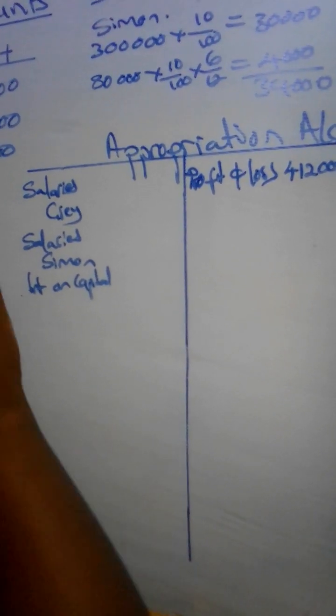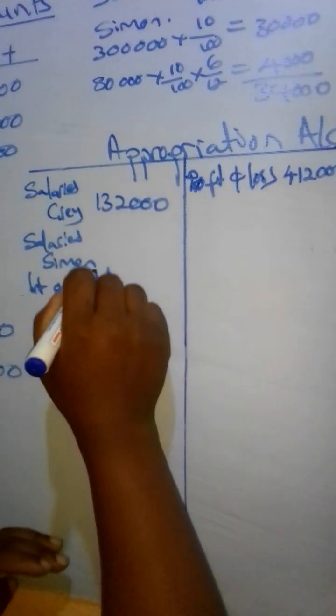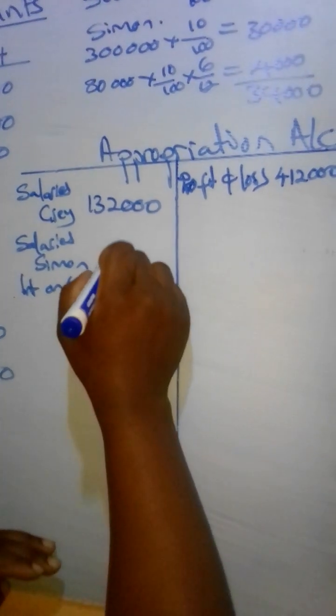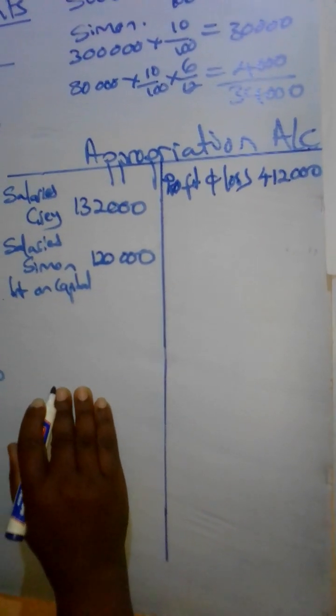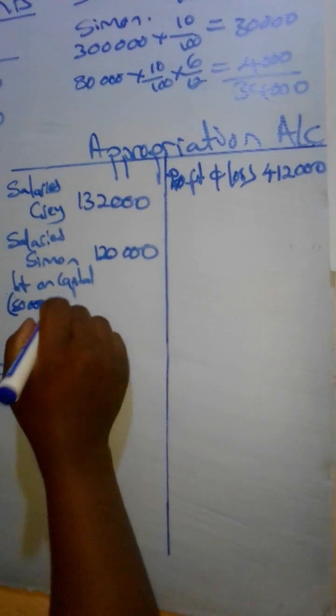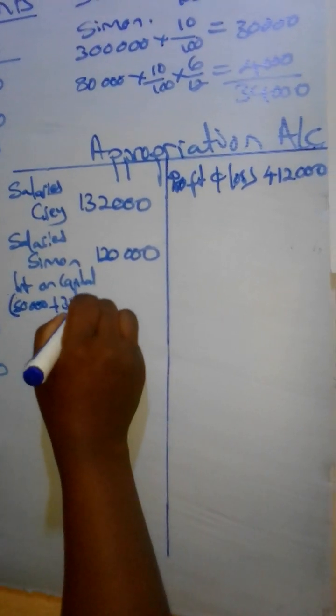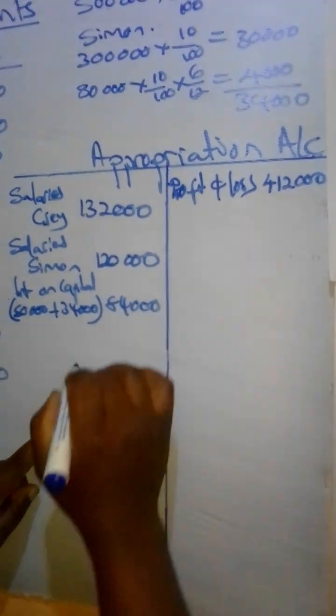So the salaries for Gray, we said it was 132,000. The salaries for Simon, we said it was 120,000. The interest on capital, we have got 50,000 for Gray plus 34,000 for Simon, which will give us 84,000.